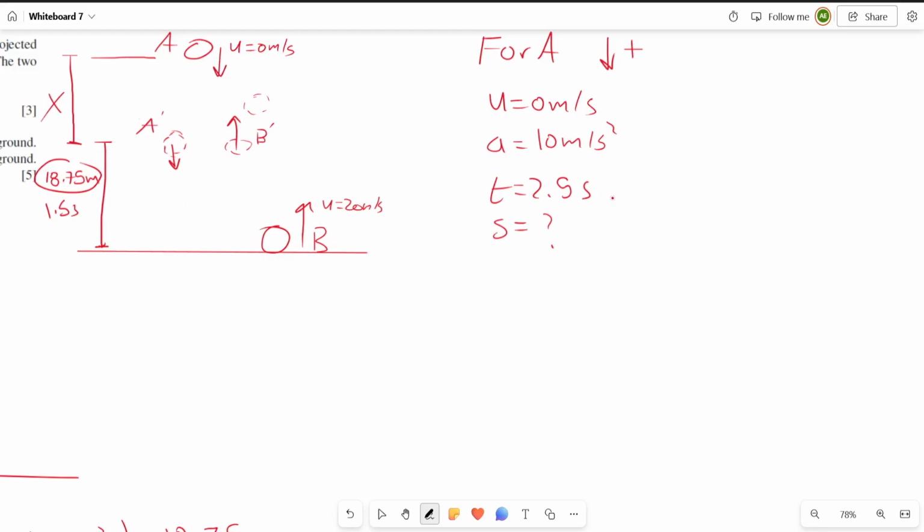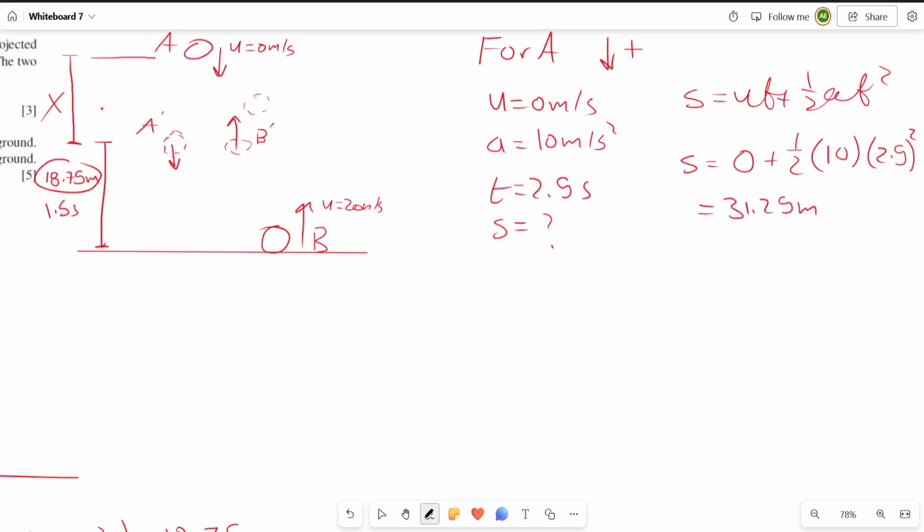Which quantity didn't I mention? It was v, so I'm going to use the equation which doesn't include v. So s is going to equal ut plus half at squared: 0 times t is basically 0, plus half times 10 times 2.5 squared. This is going to give me an answer of 31.25 meters. So this x is 31.25 meters.